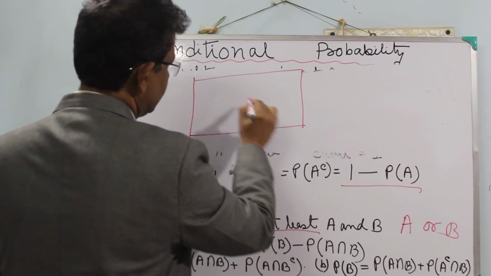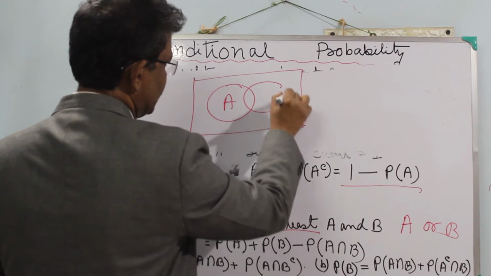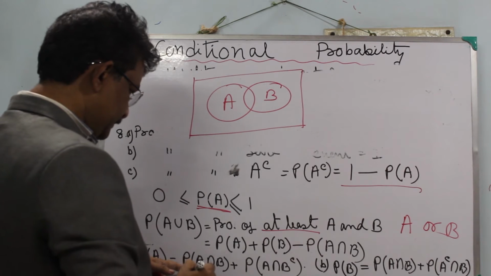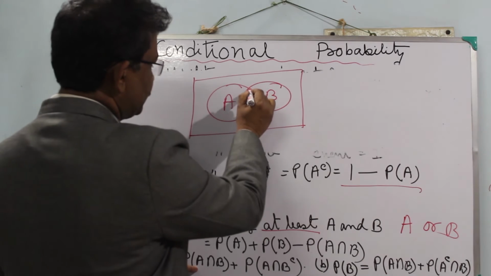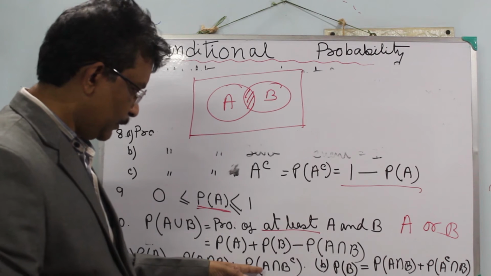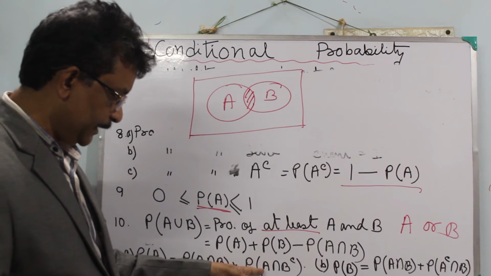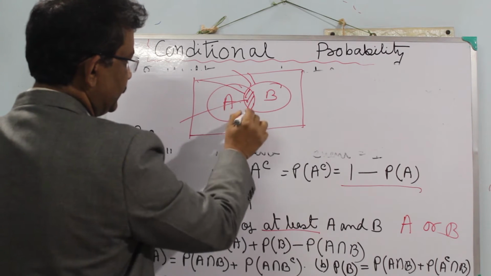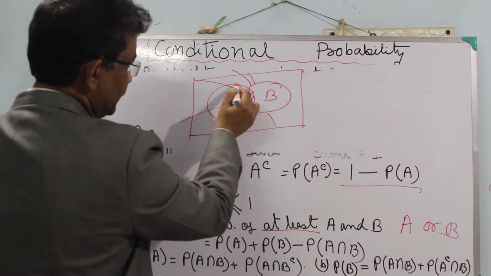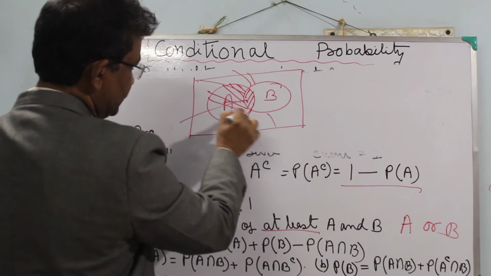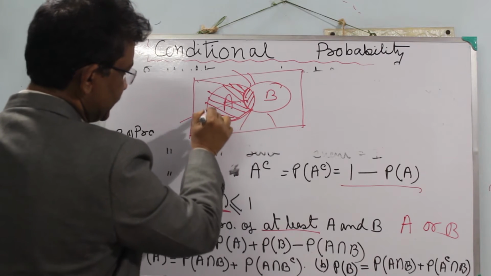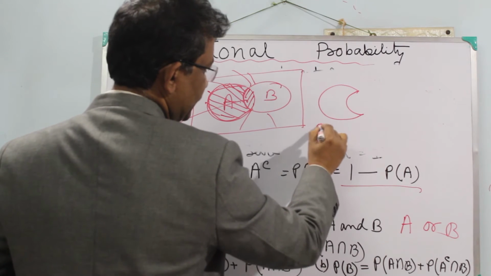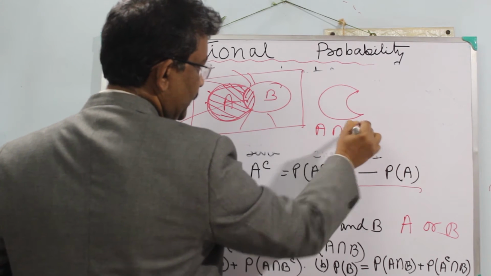This is A and B. This part is A intersection B. And B complement means outside B. Outside B and in A, that means this crescent portion is A intersection B complement.